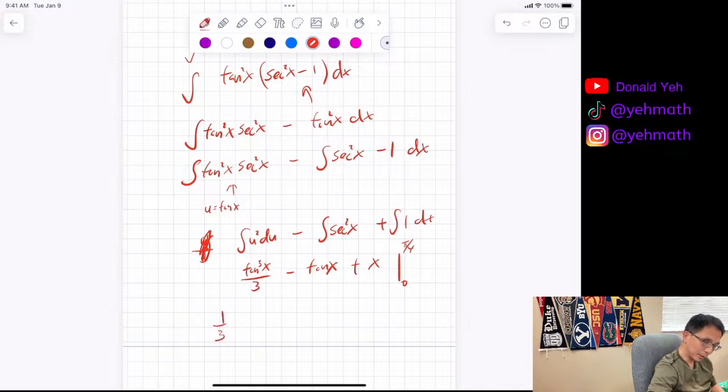So 1 over 3 minus 1 plus pi over 4. And at 0, everything is 0. So it'll be negative 2 over 3 plus pi over 4. Let me check if this answer is right. I think it's right. Oh, negative 2/3, yeah.